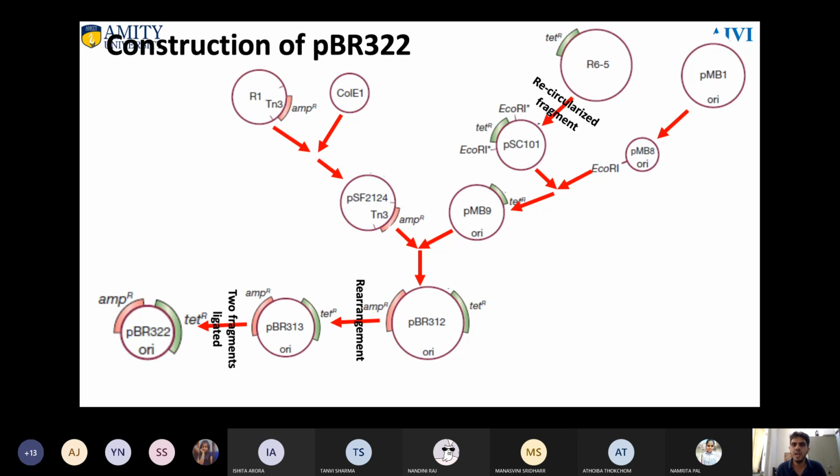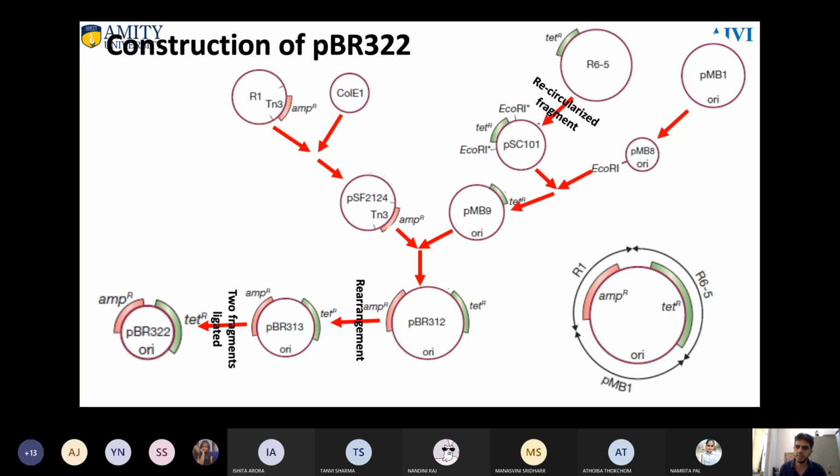So this is how a plasmid vector is constructed, starting from the naturally occurring plasmid to your vector plasmid. Naturally occurring plasmids can't serve you as a vector, but pBR322 can. It can carry your gene, it can replicate, and it can help you find whether it leads to the formation of recombinant or not.